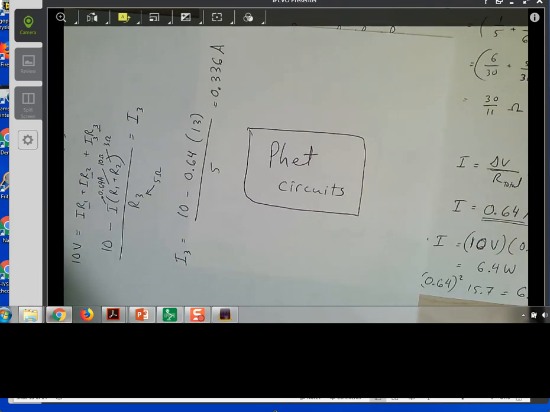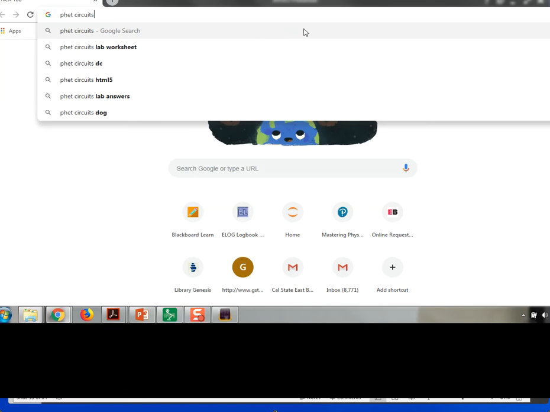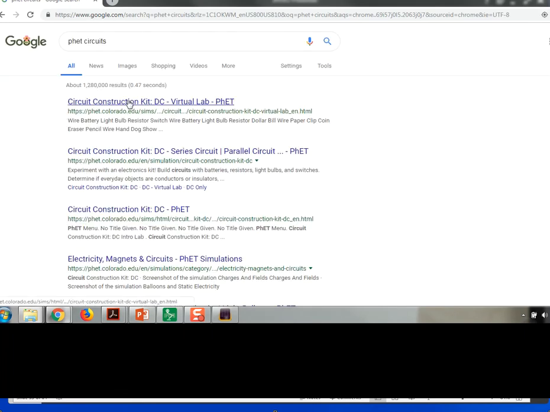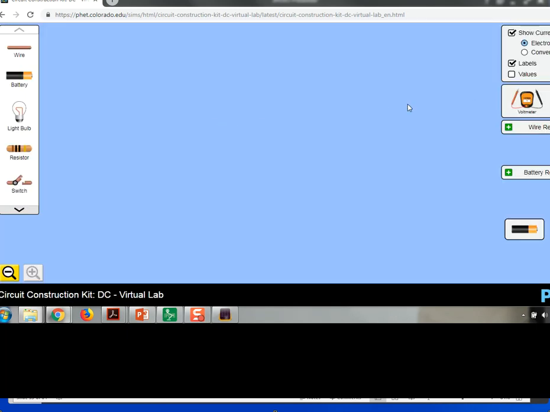I'll make a new tab here and remind you that if you type in PhET circuits, the very first link that comes up, the DC Construction Kit, will allow you to begin to make your own circuit. By placing a resistor and some wires, you can begin to make your own circuit.